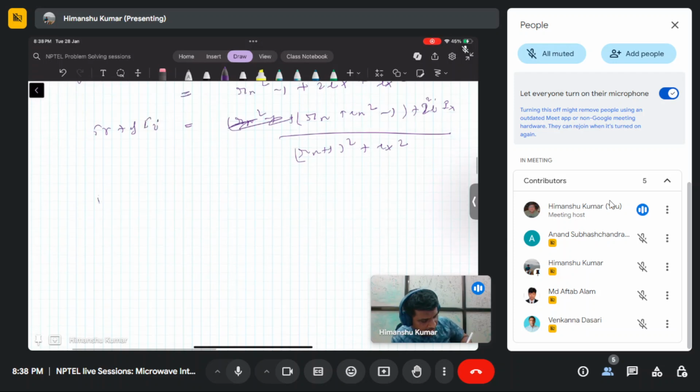So gamma r is equal to rx square plus ix square minus 1 divided by rx plus 1 whole square plus ix square.